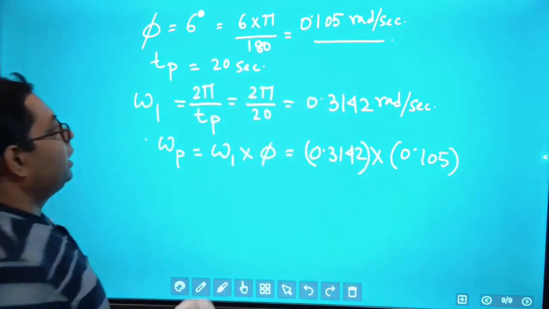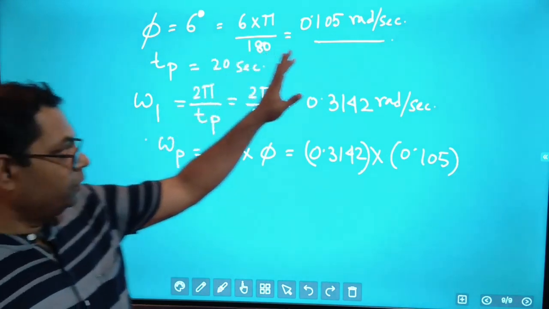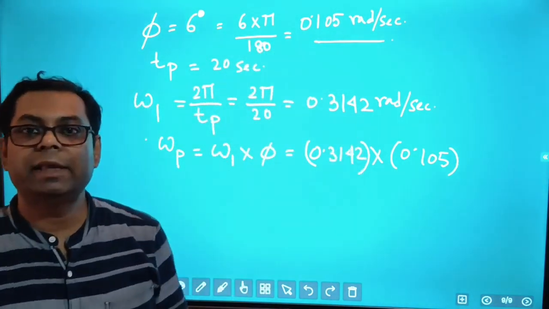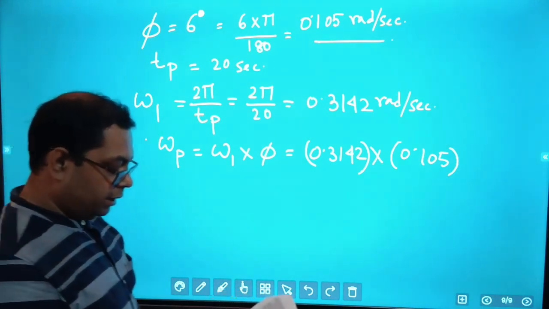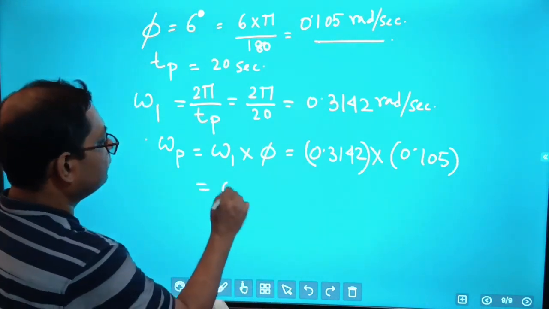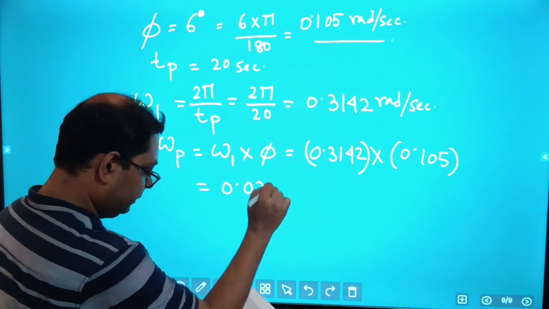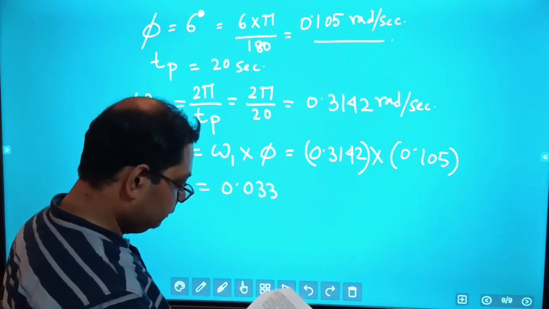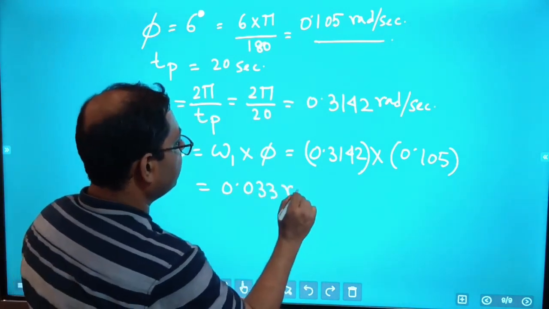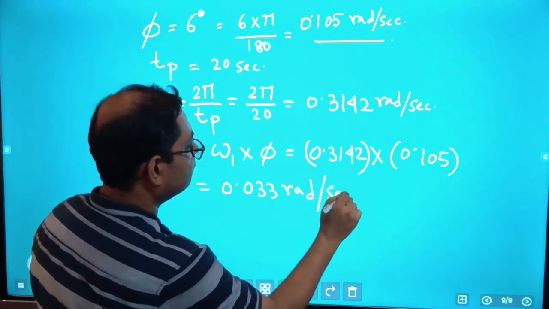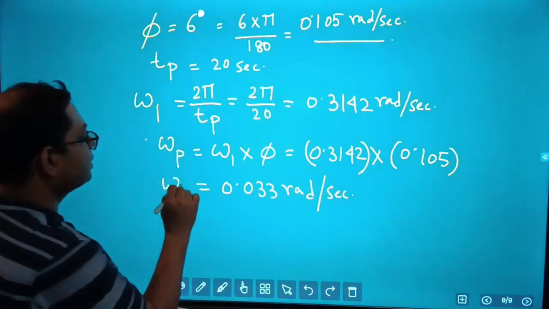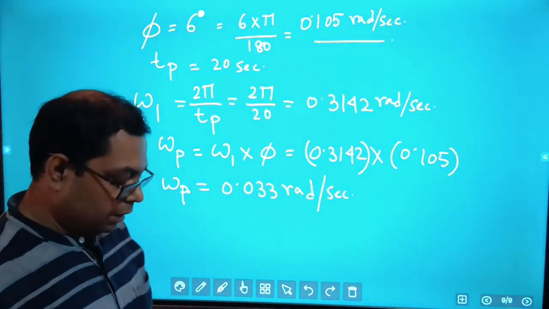If you just multiply them, you will get the answer, that is 0.033 radian per second. So this is the value of omega p.